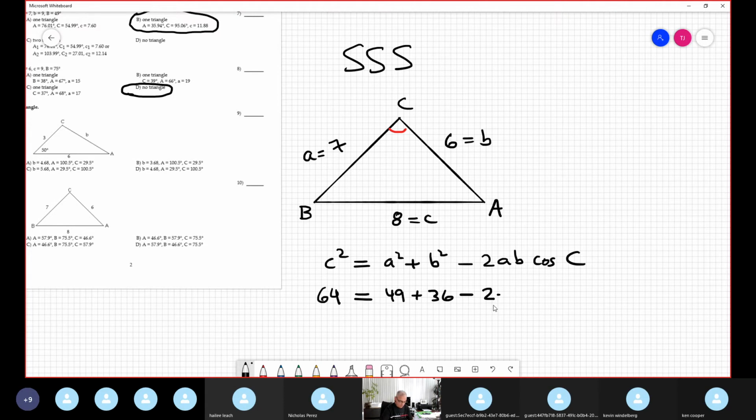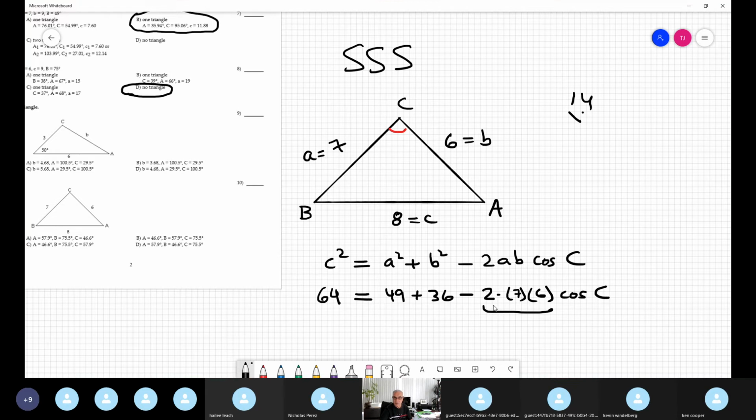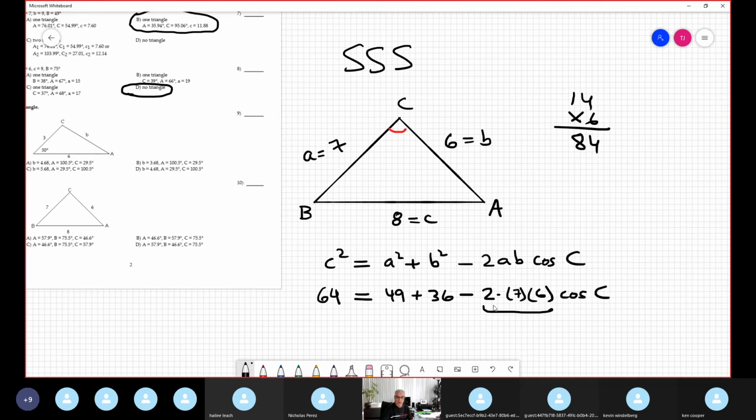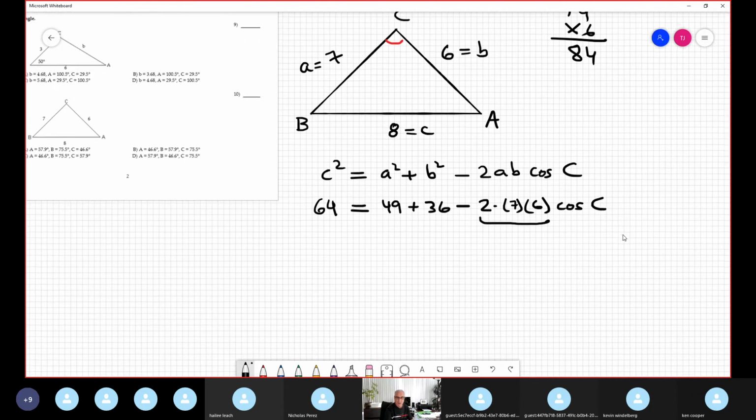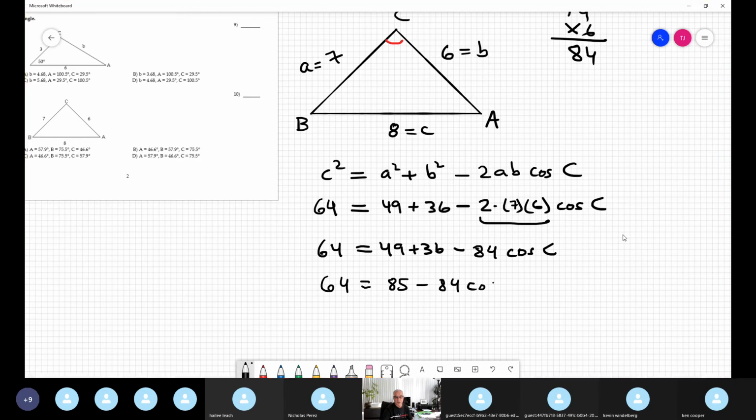Times A, which is 7, and B, which is 6, times cosine C. This multiplication is 84: 14 times 6 is 84. So my equation so far is 64 equals 49 plus 36 minus 84 cosine C. 49 and 36 together is 85.